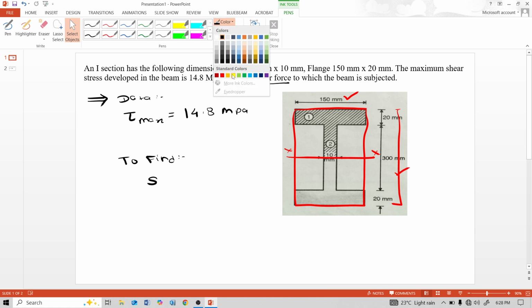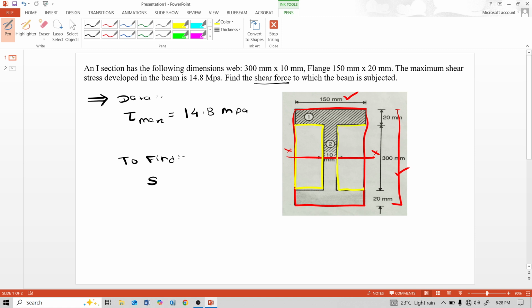So subtract the moment of inertia of these two rectangles from this big red rectangle. These yellow rectangles are 150 minus 10, which is 140 mm, and 140 divided by 2, this distance is 70 and this distance is 70.